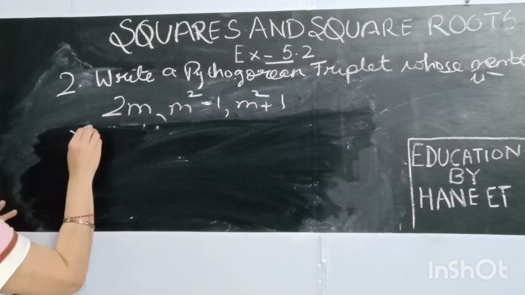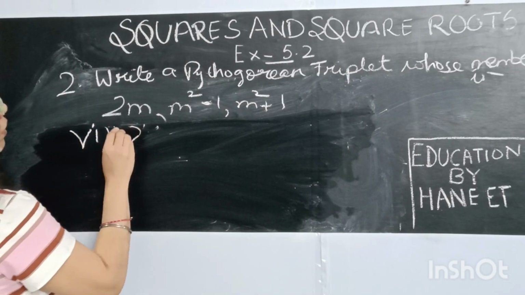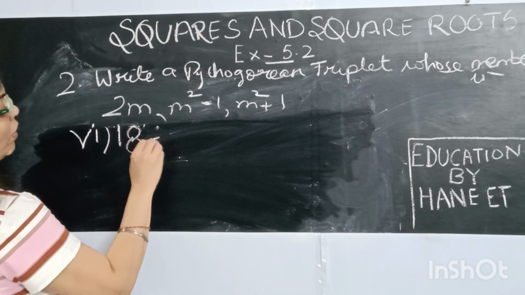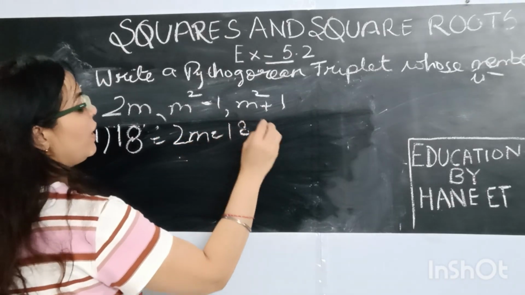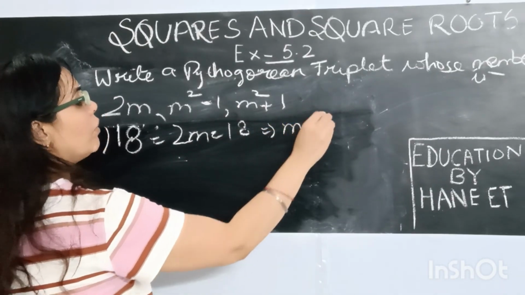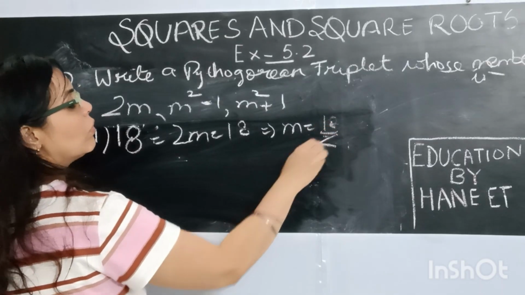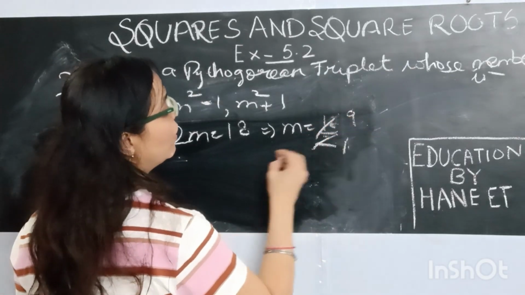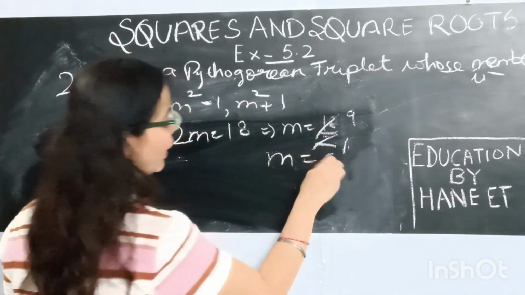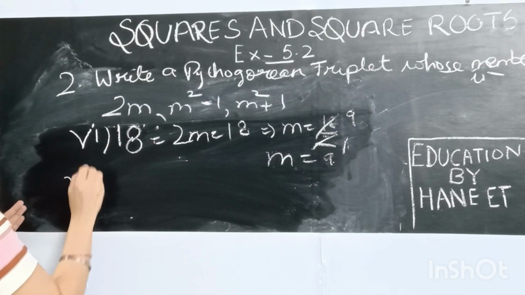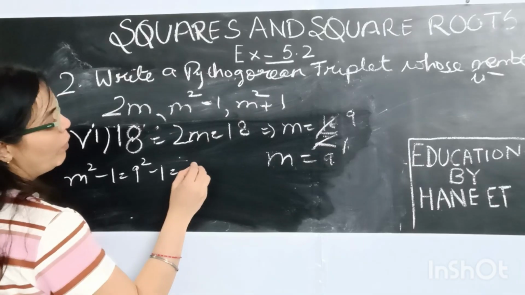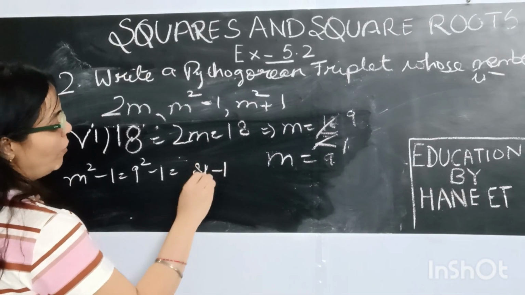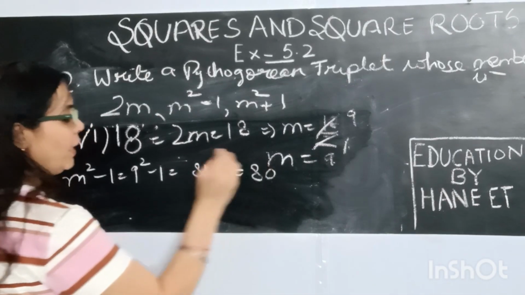18. So let's find m. 2m is equal to 18. m is equal to 18 by 2. So m is 9. Then m square minus 1, 9 square minus 1, which will be 81 minus 1, 80.